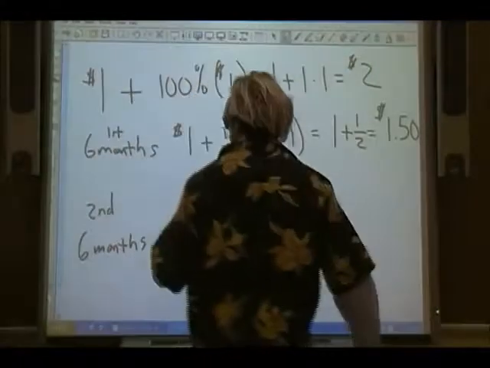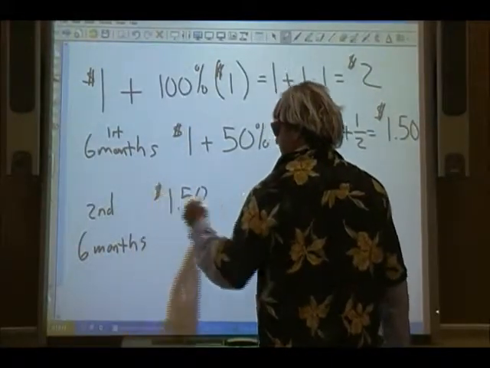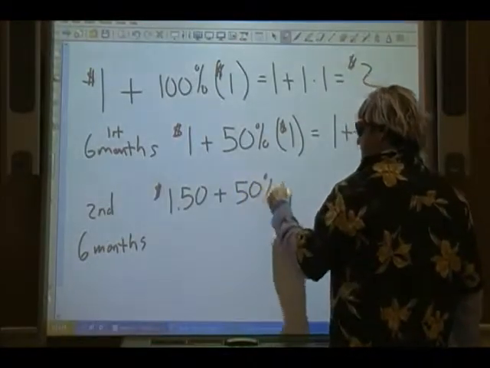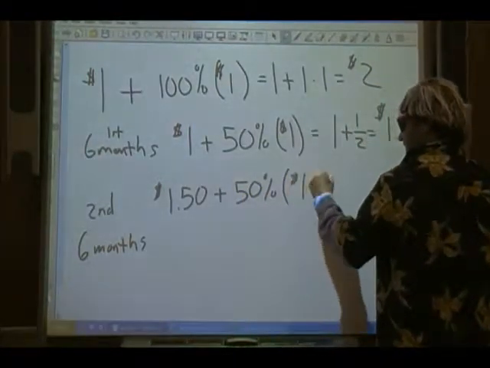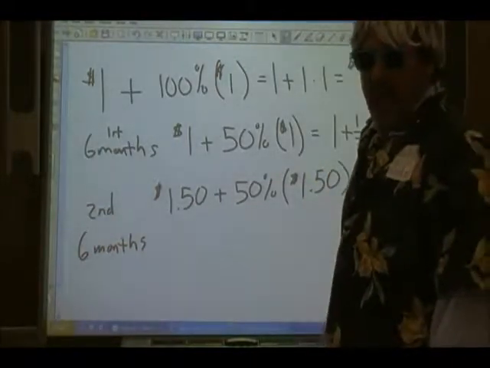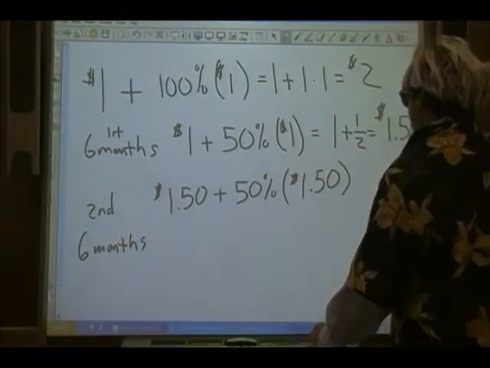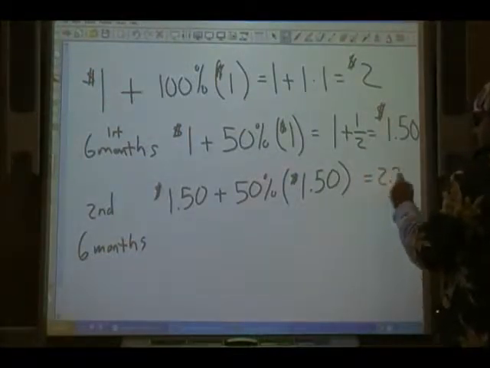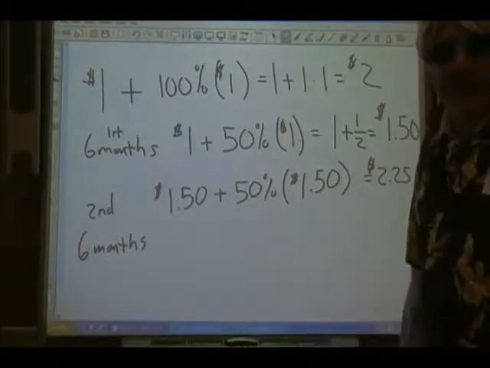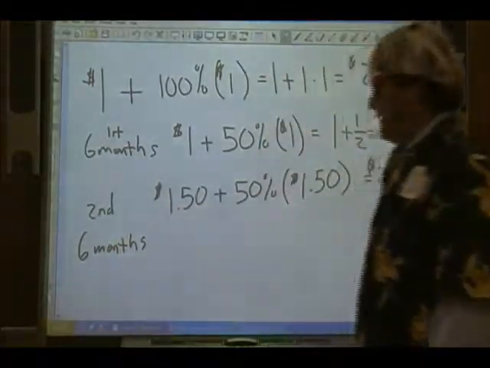So for the second 6 months, you have your new $1.50, plus 50% of that $1.50, and it's going to come out to about $2.25. So you're actually making more money if somebody does this 2 times a year.